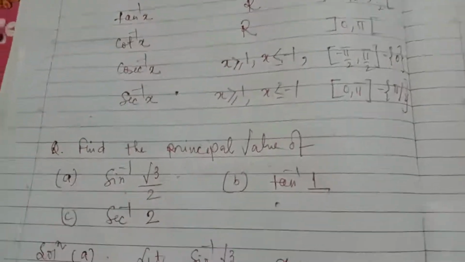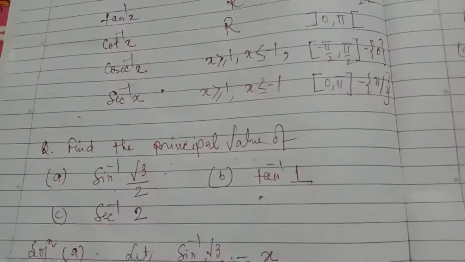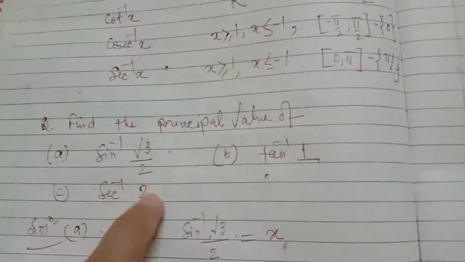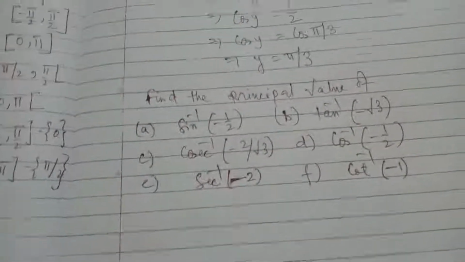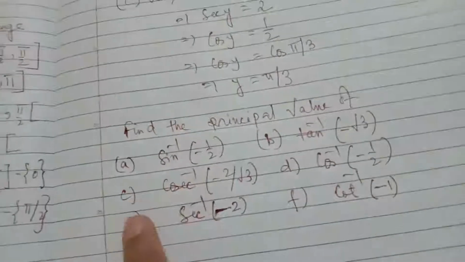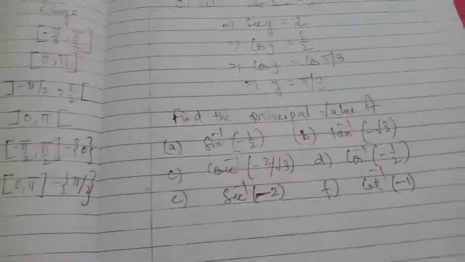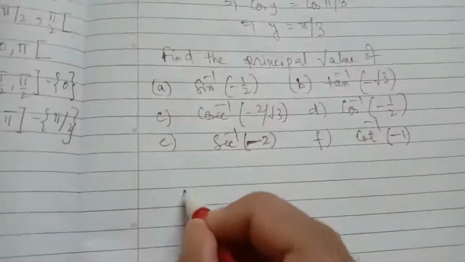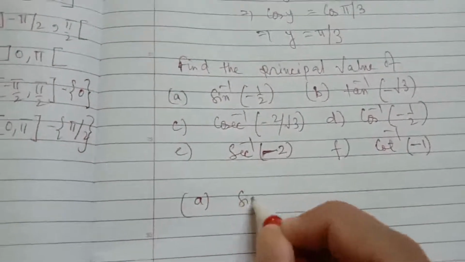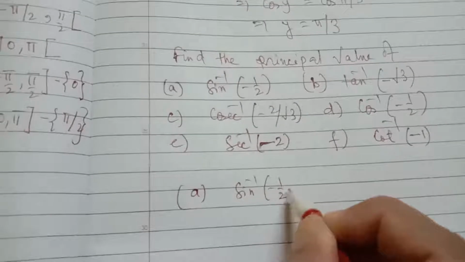So we have calculated the values of sine inverse, tan inverse, sec inverse for positive numbers. Now we'll find sine inverse, tan inverse, cosec inverse, etc. for negative values. Okay. Let us start with number 1, sine inverse of minus half.